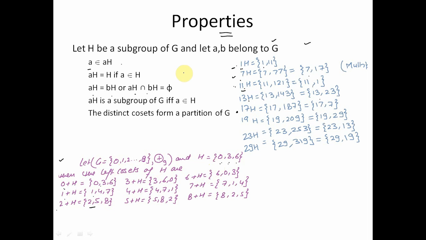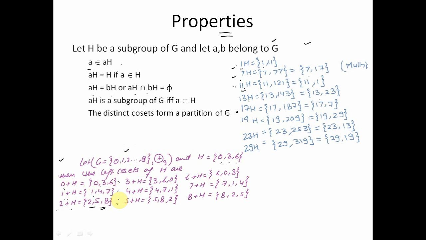Another important thing, the distinct cosets form a partition of G. Partition of G means they will be disjoint among themselves and their union will give me the complete set G. See, if I take the union of 0 plus H, 1 plus H and 2 plus H, I get all the elements of G: 0, 1, 2, 3, 4, 5, 6, 7, 8.